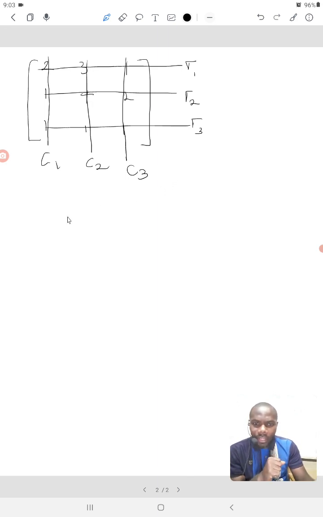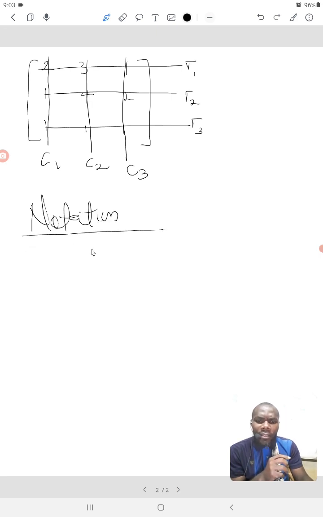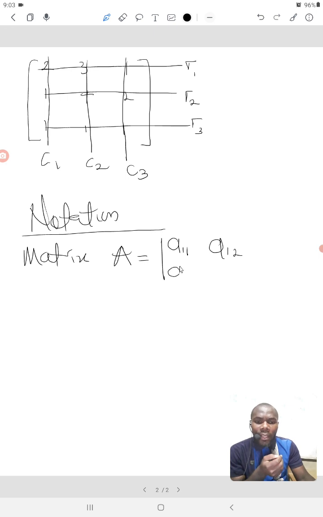So now there's another thing that's also common that you need to understand about matrix. It is what we call notation. In this notation, for example, we have a matrix A. In matrix A we have A row 1 column 1, A row 1 column 2, A row 2 column 1, A row 2 column 2.